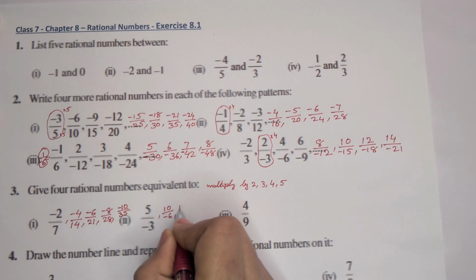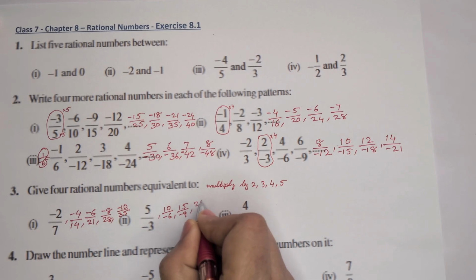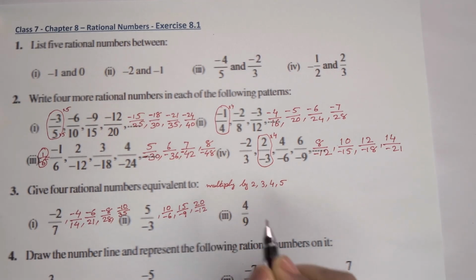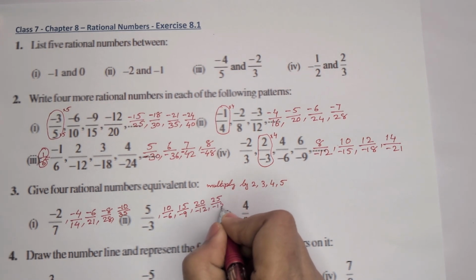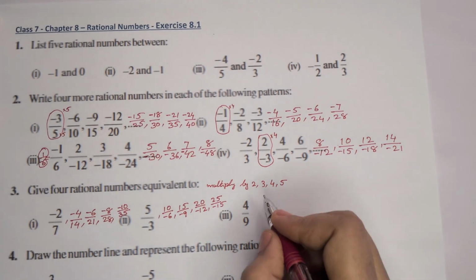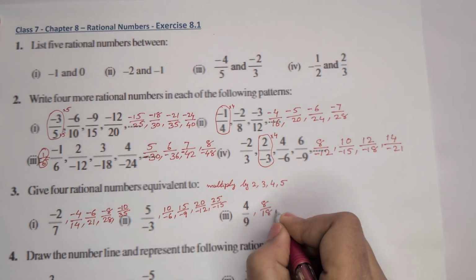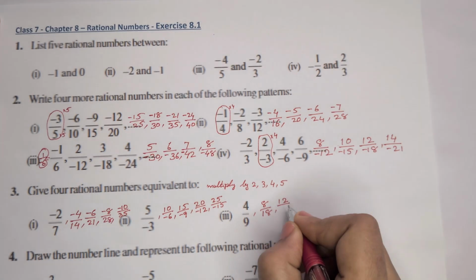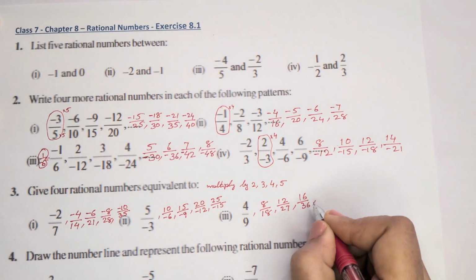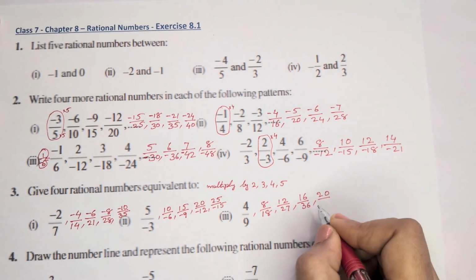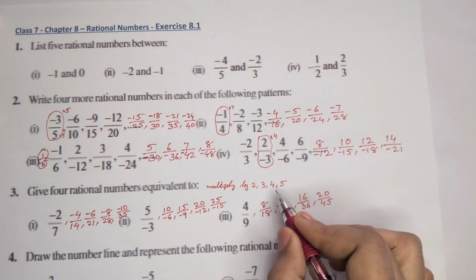Then by 3, 15 by minus 9, by 4, 20 by minus 12, by 5, 25 by minus 15. Here 4 by 9, multiply by 2, we will get the next number, 8 by 18, by 3, 12 by 27, by 4, 16 by 36, by 5, 20 by 45. Multiply up and down with the same number, 2, 3, 4 and 5.